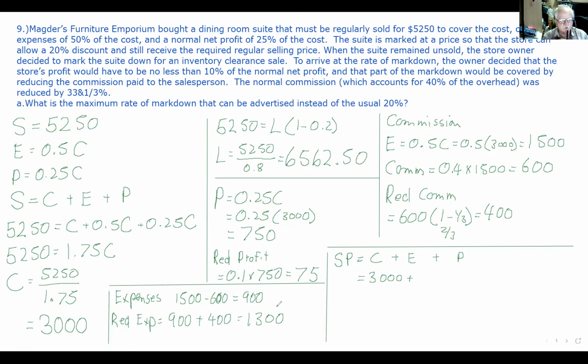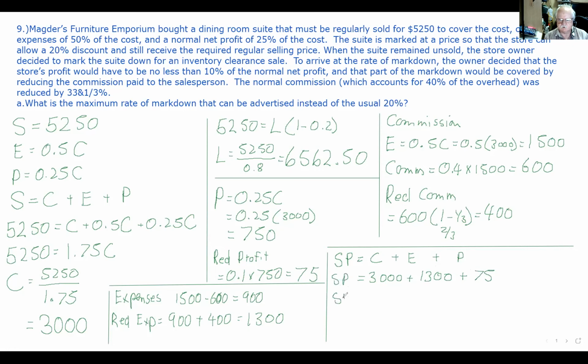So let me know if that doesn't make any sense, because they've reduced the commission by $200. So that makes the overall expenses reduced by $200. So the expenses here would be 1,300, and they've reduced the profit all the way down to 75.